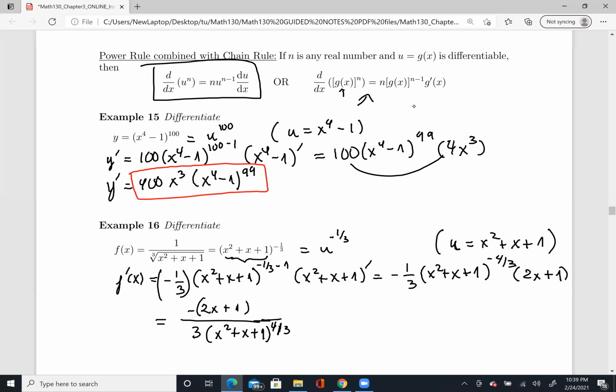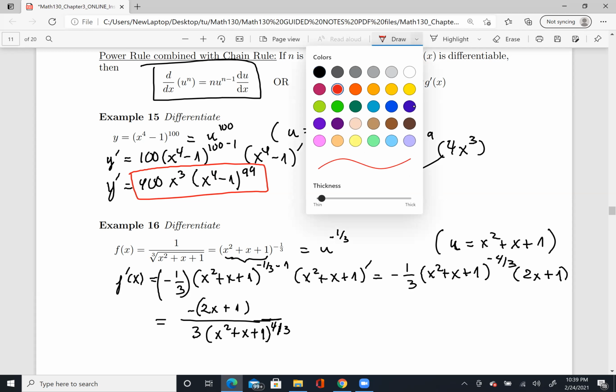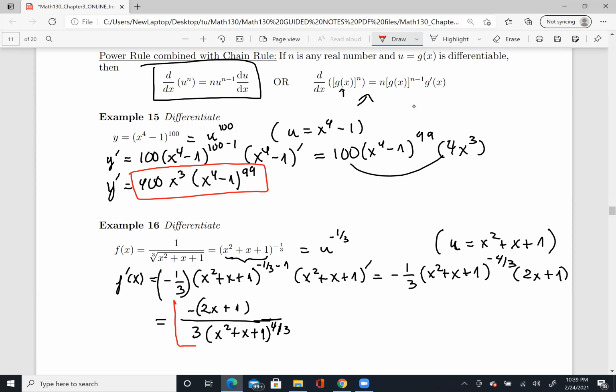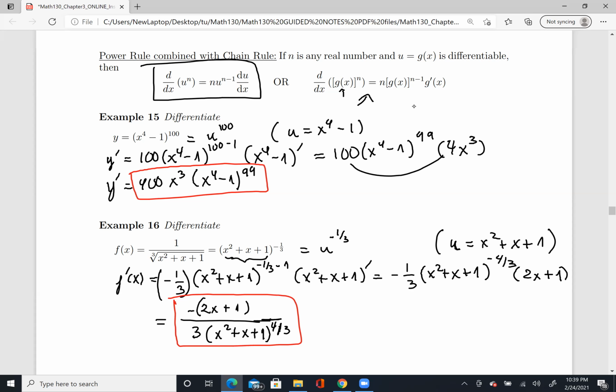If you like to write it as a rational function, you can do that, or you can keep it here. That's fine too. Either way is good.